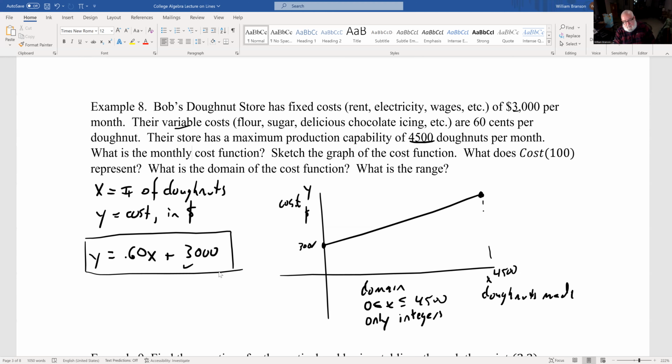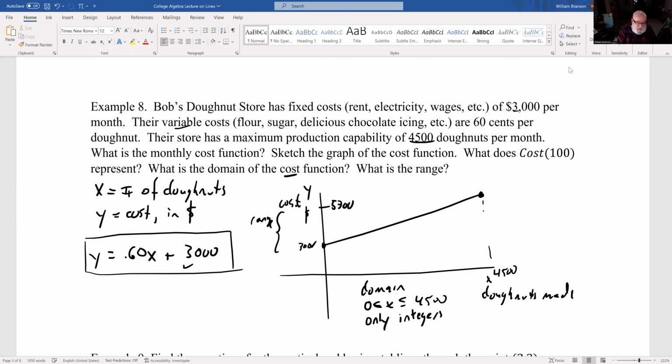The range is 3,000 up to whatever the amount is that you would have for 4,500. So for 4,500, if they make 4,500 donuts, that means it costs them $2,700 to make the donuts, plus 60 cents, plus $3,000.